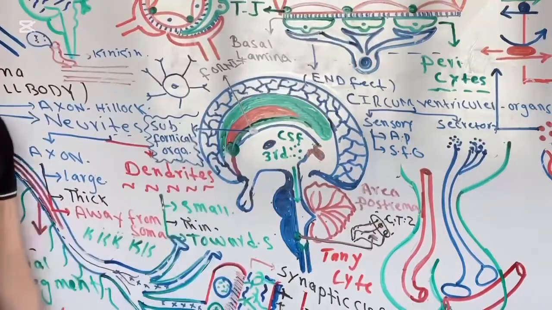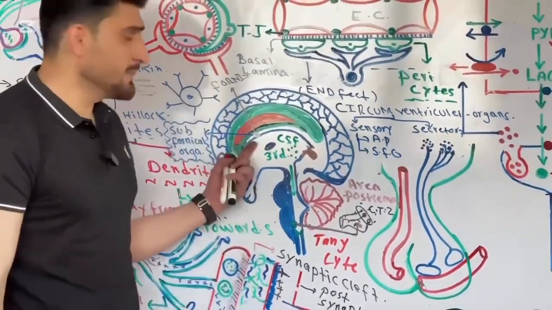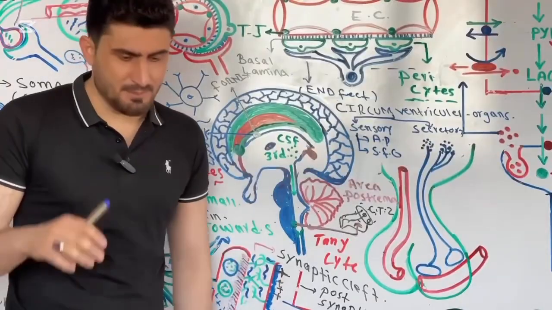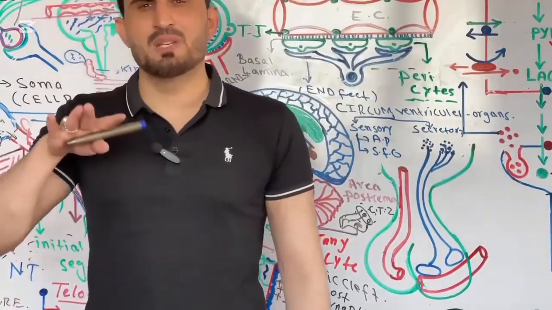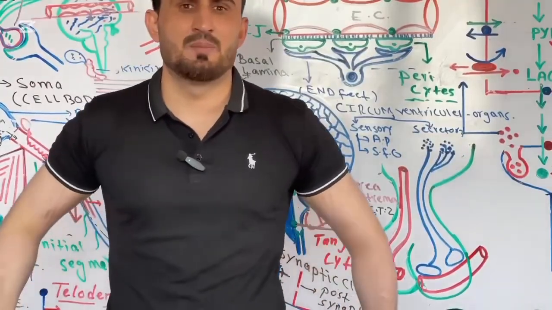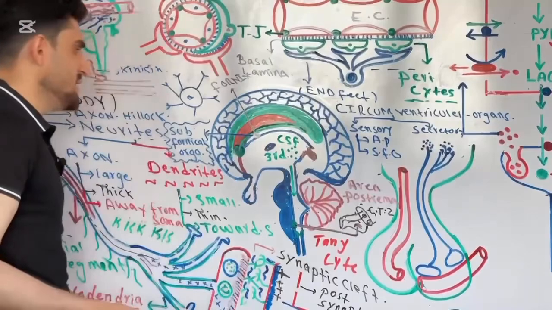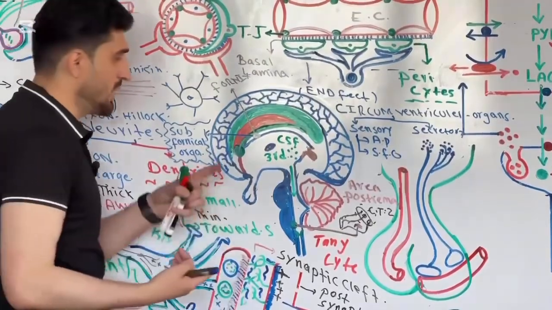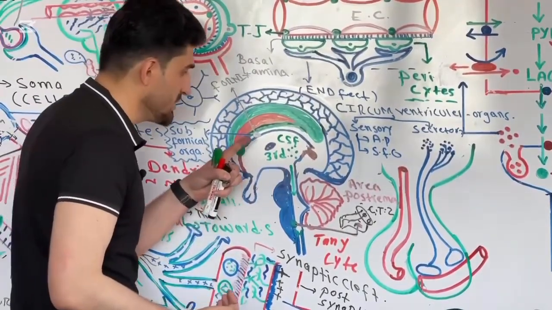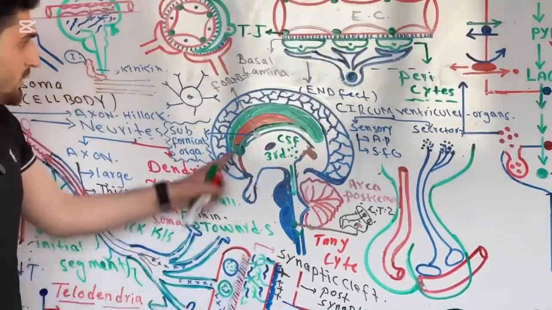The subfornical organ senses two important things. It's sensitive to angiotensin 2. For example, when my BP or blood pressure goes down, my system will secrete angiotensin 2, and this angiotensin 2 has a lot of functions. One function of angiotensin 2 is that it will stimulate this subfornical organ, okay.